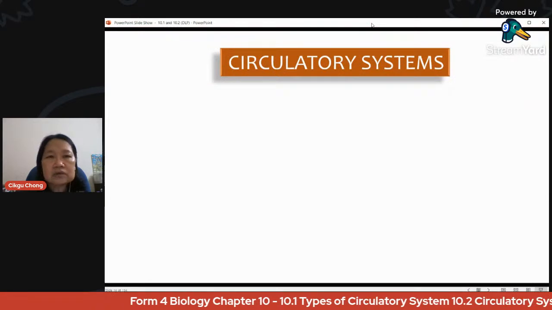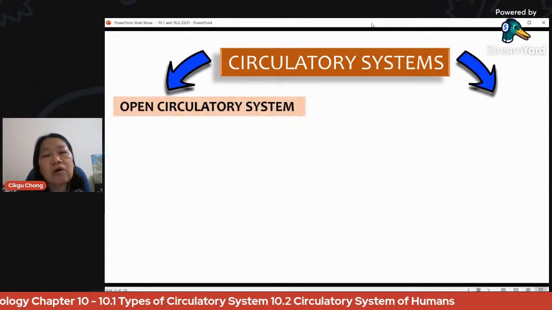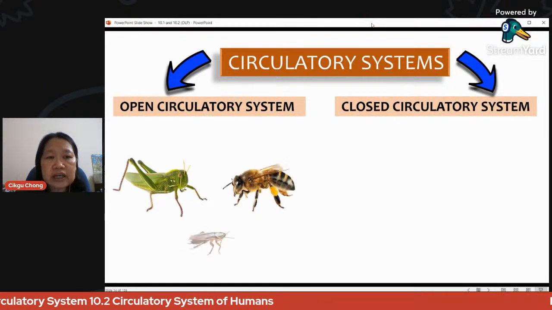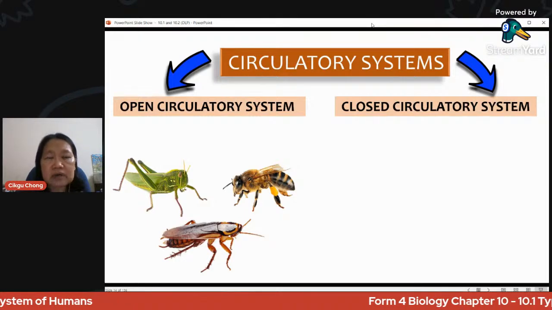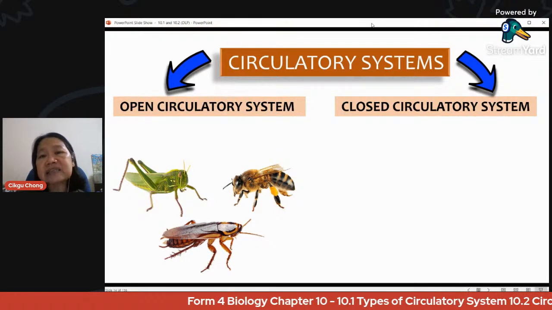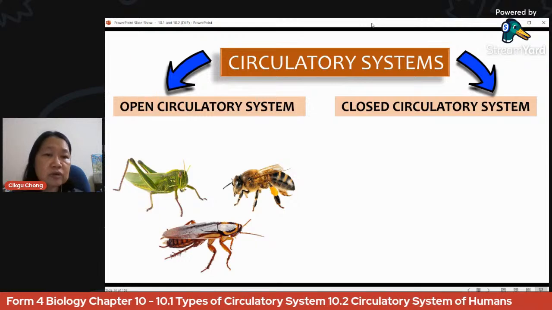So now, as a summary, what kind of animals or organisms will have the closed and the open one? So usually, open are those invertebrates. Okay, not all. There's some, like earthworm is an invertebrate, but it has a closed circulatory system. Earthworm is closed, even though it's invertebrate.